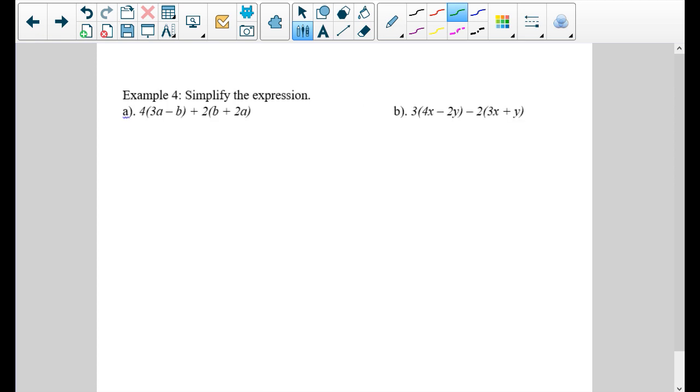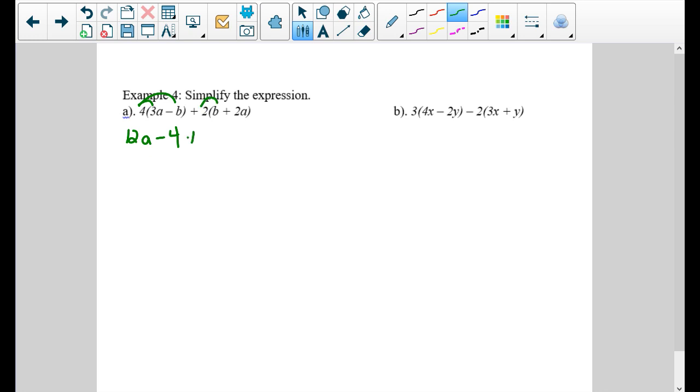Last, example 4 here. Simplify the expression. We're going to use those properties to help simplify, get rid of multiple variables and get rid of parentheses. To get rid of parentheses, we're going to distribute. So I'm going to take this 4 and distribute in. So 4 times 3a is 12a. 4 times negative b minus 4. Distribute in to 2.